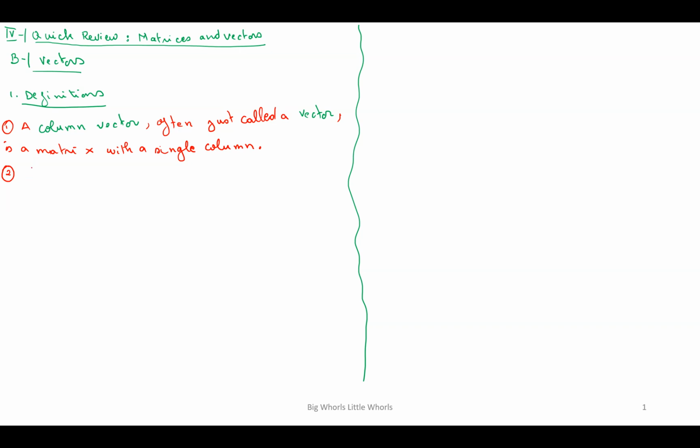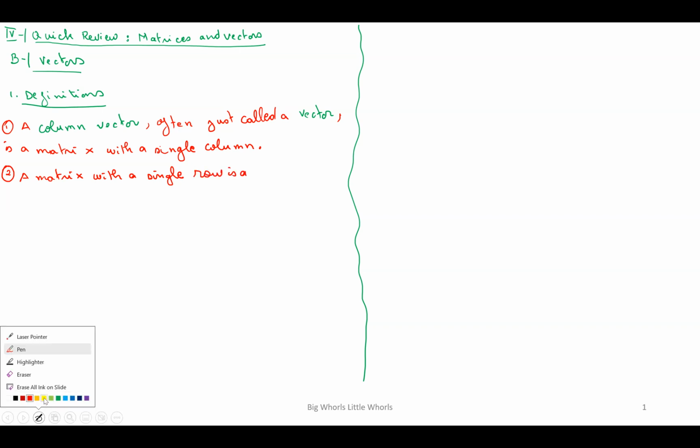Let me write this down. A matrix with a single row is a row vector.